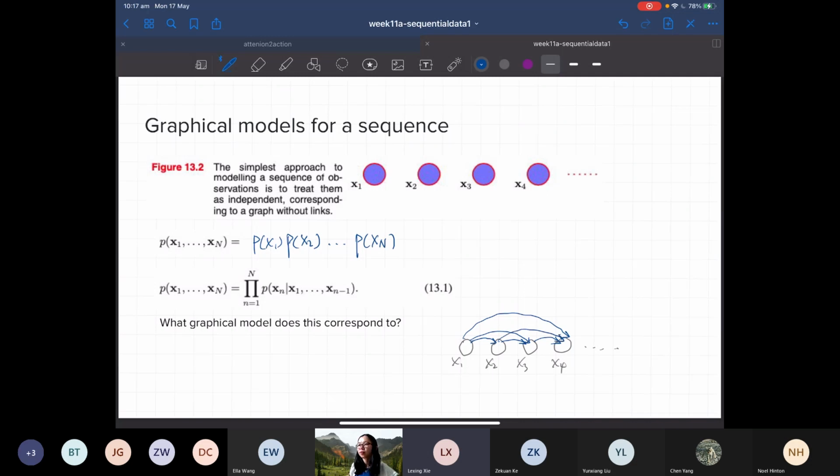The fully general sequence model essentially treats the whole sequence as a fully connected Bayes network. And this doesn't quite help. As our sequence length grows, this graph grows, and it's hard to estimate conditional probability tables that are high dimensional like this.